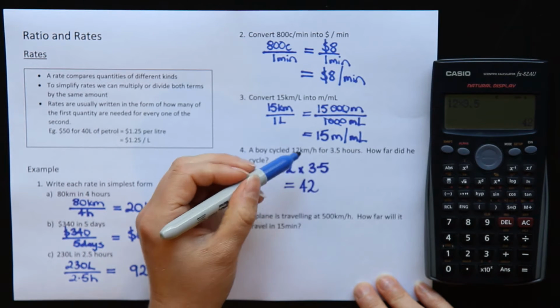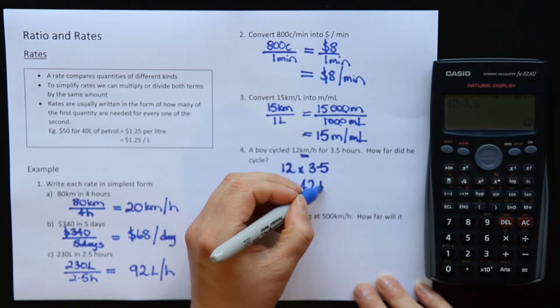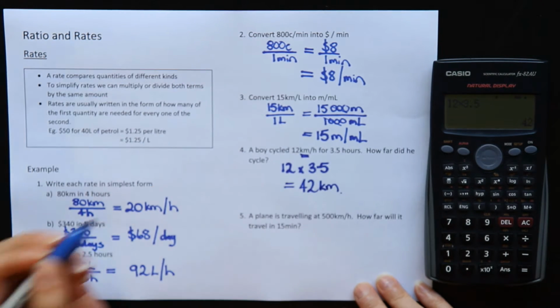We need the units. The units are up here, kilometres. So he would have travelled 42 kilometres.